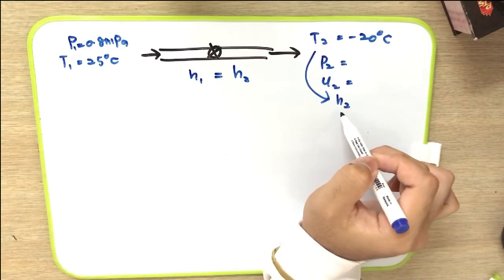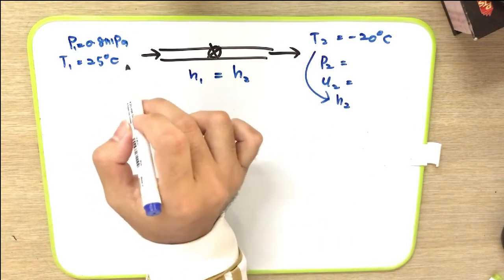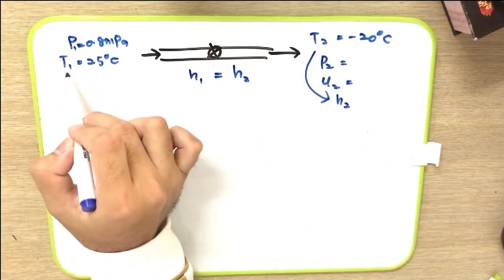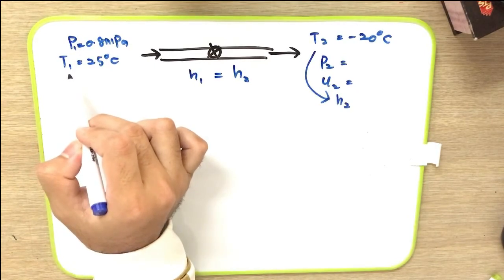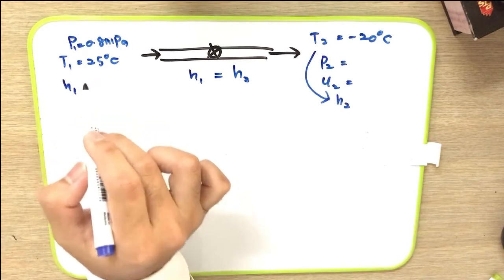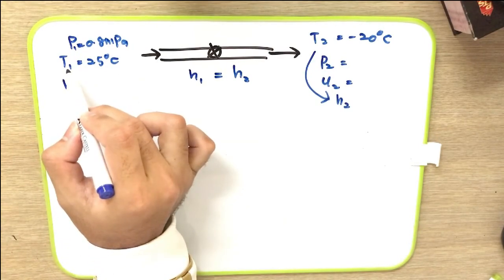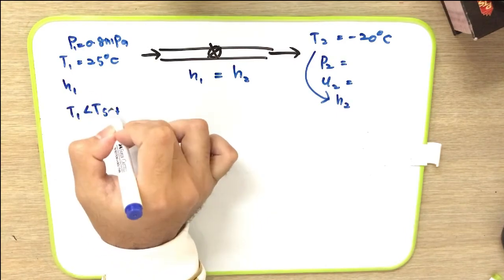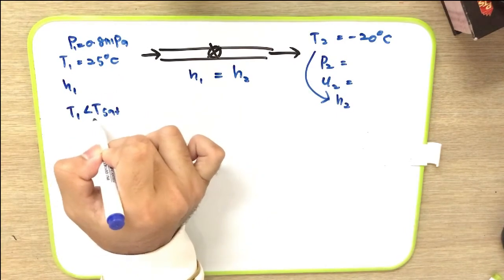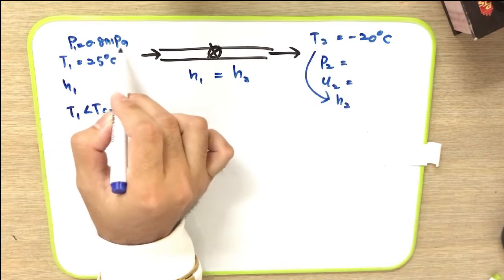But before that, we have to find first what is the enthalpy at the inlet. Because we are given pressure and also temperature, it is easy for us to find the h. But before that, we need to find first what is the state at the inlet. After we have checked, the temperature at state 1 is lower than the temperature saturated at pressure 0.8 megapascal.